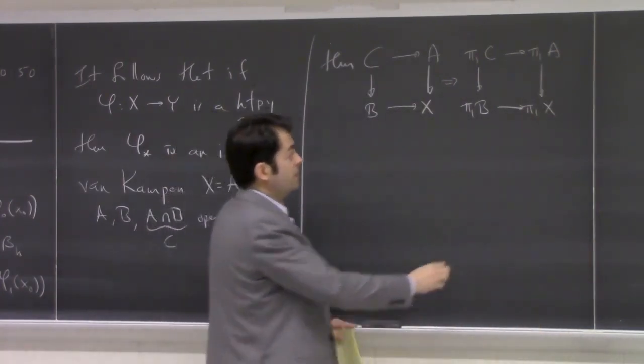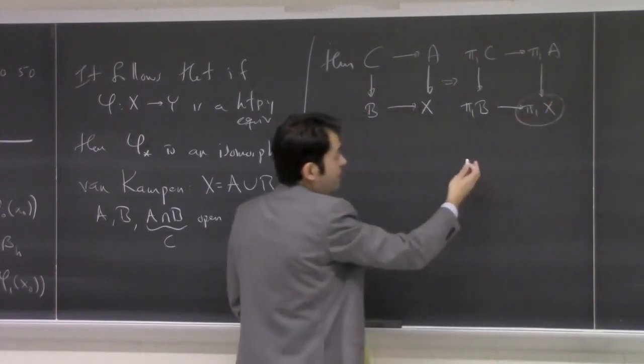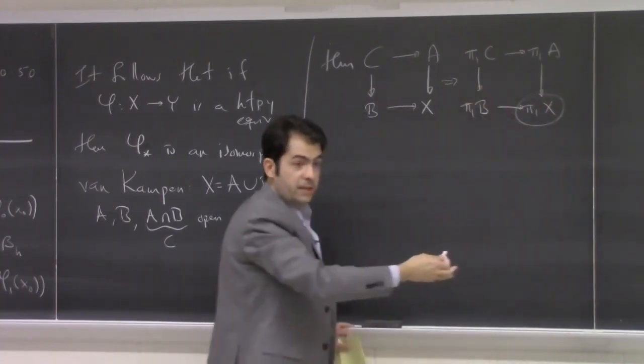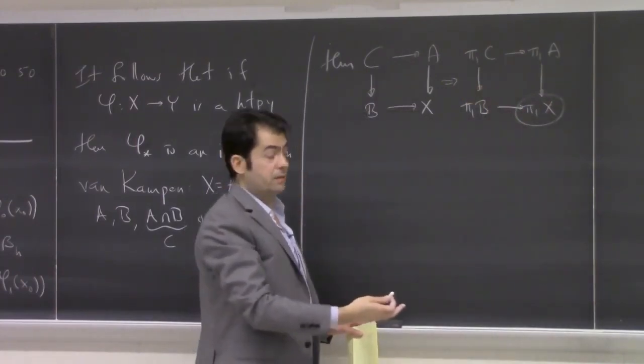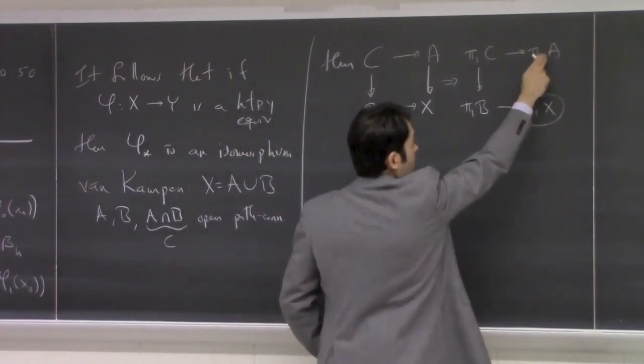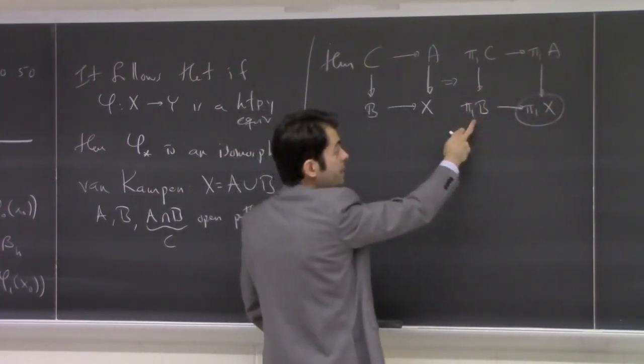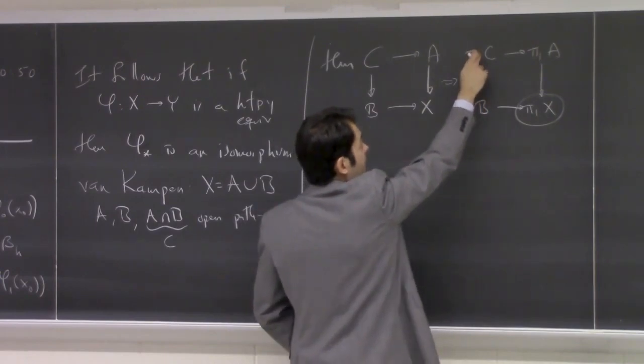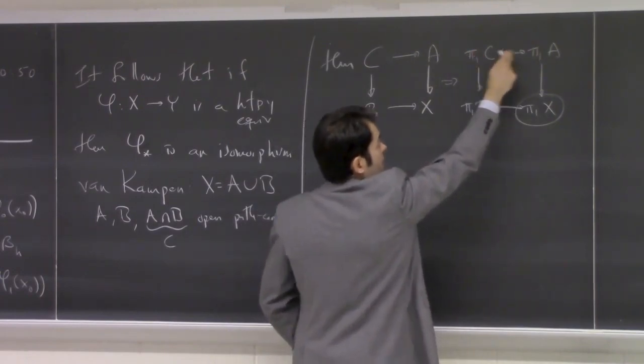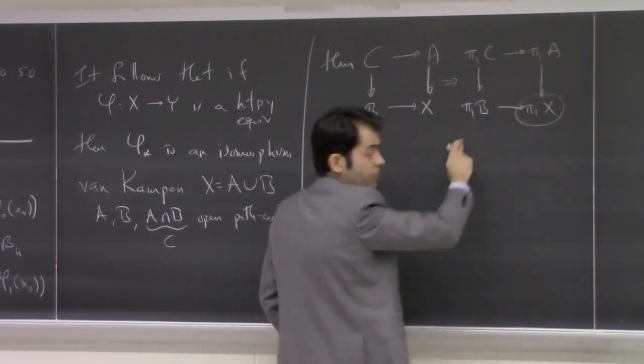That is, this group is defined by this diagram, and it's the largest group containing the fundamental group of A and the fundamental group of B, with the property that any element of the fundamental group of C gets identified in both of these groups.